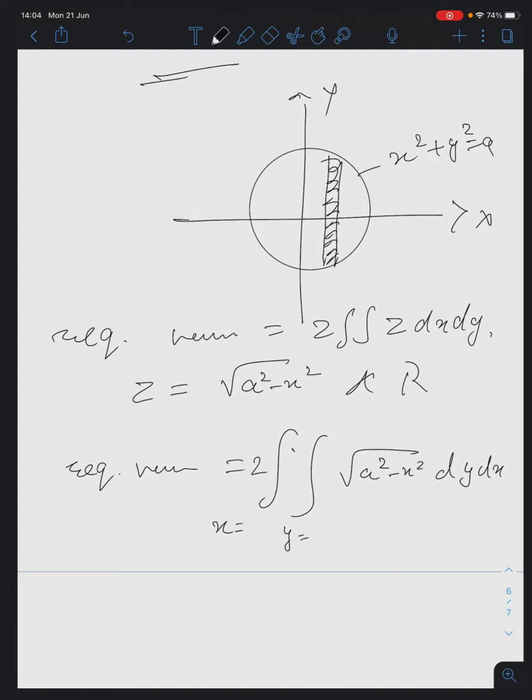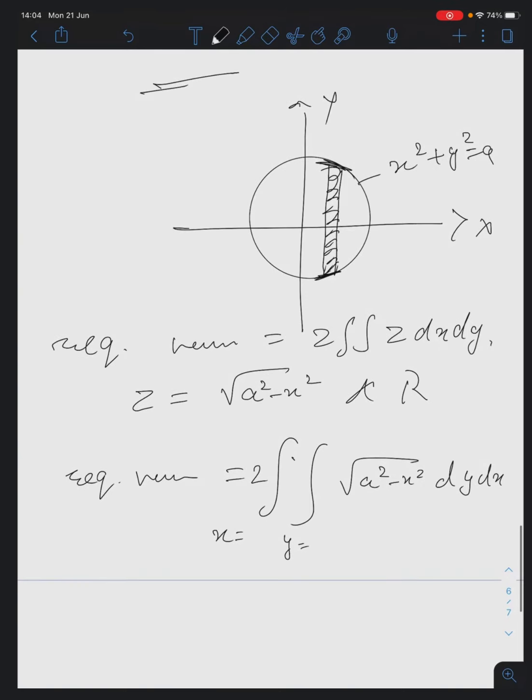Okay, so y limits from where to where? From this portion to this portion. What is that? It is minus root over of a square minus x square to root over of a square minus x square. Understood?